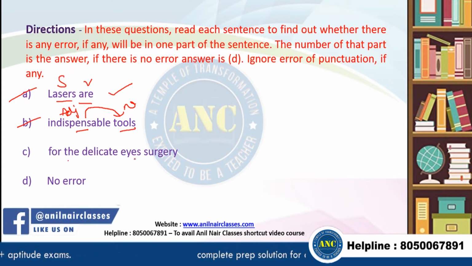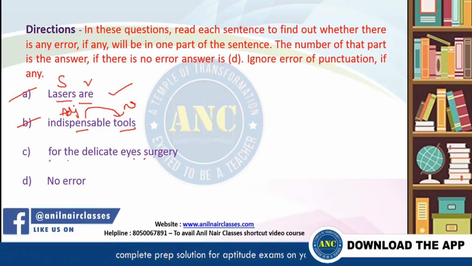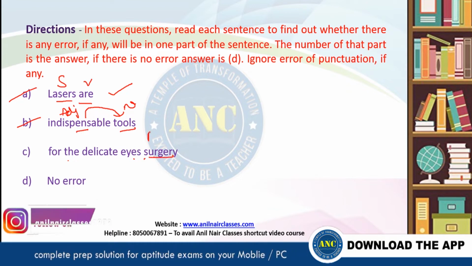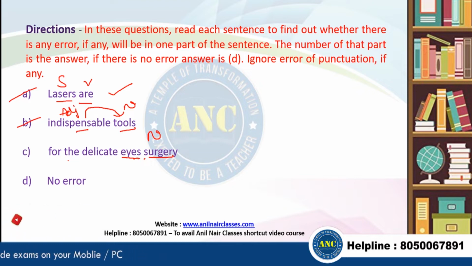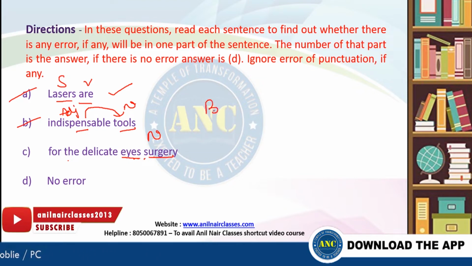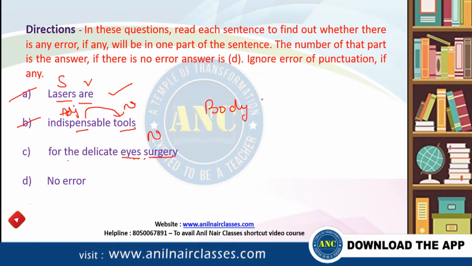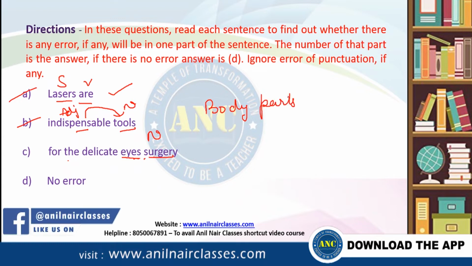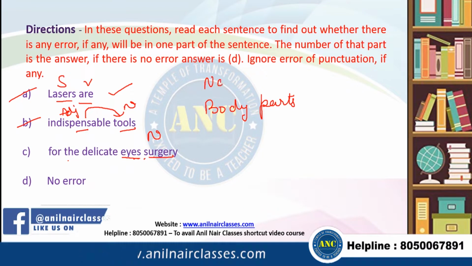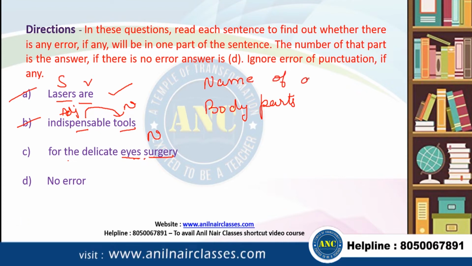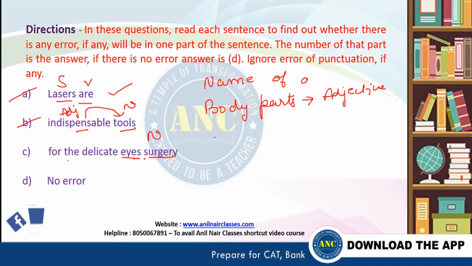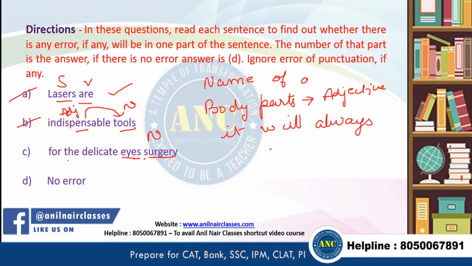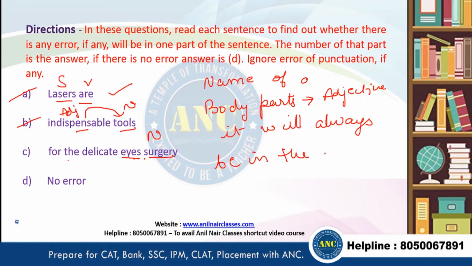For the delicate eye surgery. So for what? For the surgery. Surgery is our noun. Now here, what kind of surgery? You have eyes surgery. Always remember whenever we talk about body parts, specifically if I say the names of any body part, when we use it as an adjective, it will always be in the singular form.